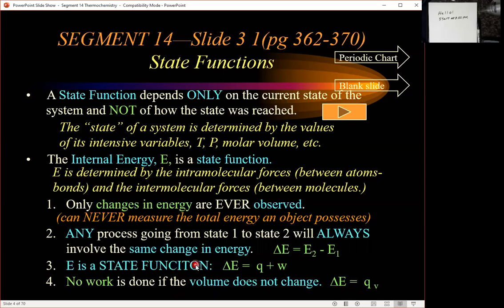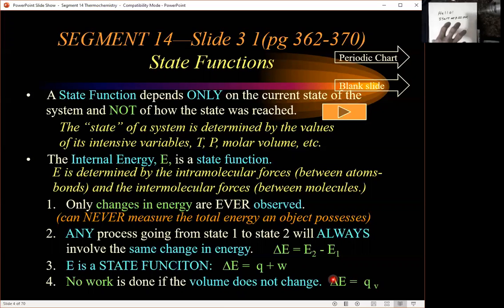So that means I just need to do one experiment. I can carry out my chemical reaction inside a bomb calorimeter. I can calculate the heat flow when that volume was constant. That is equal to delta E for that reaction.